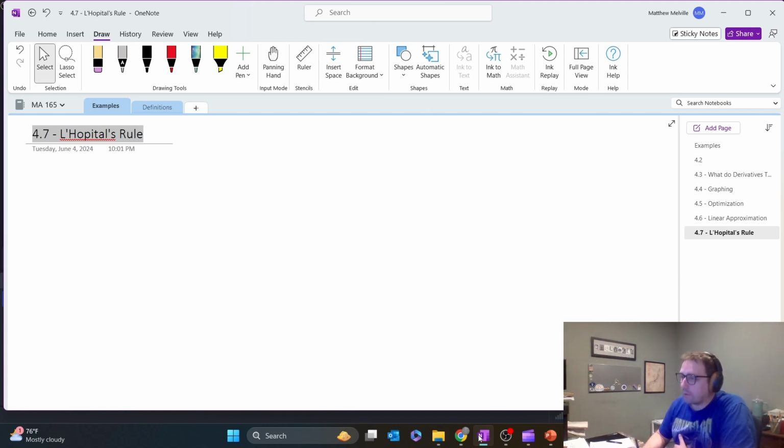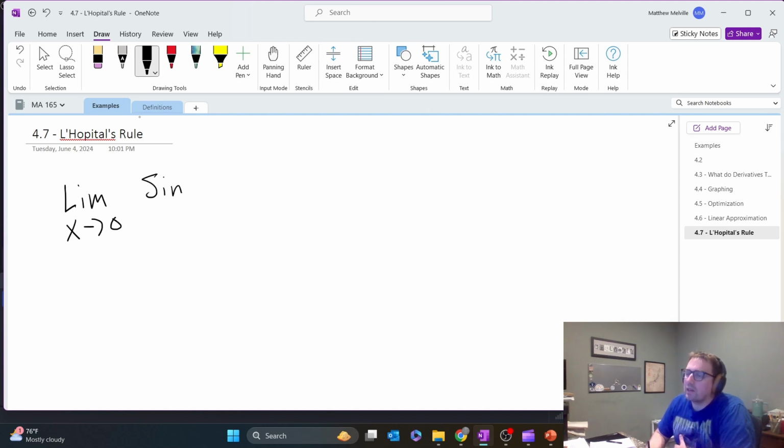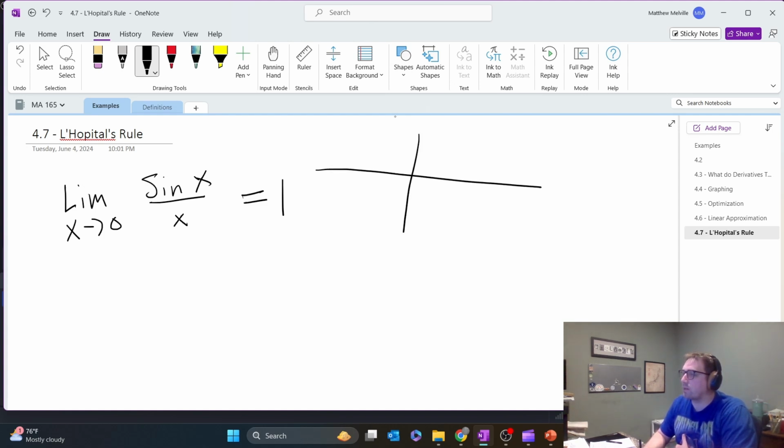For example, if I wanted to find the limit as x approaches 0 of the sine of x over x, then I knew, we've watched this, we did it when we graphed it, right? We know that the sine of x looks something like this.